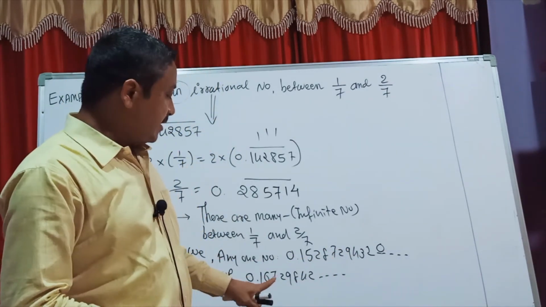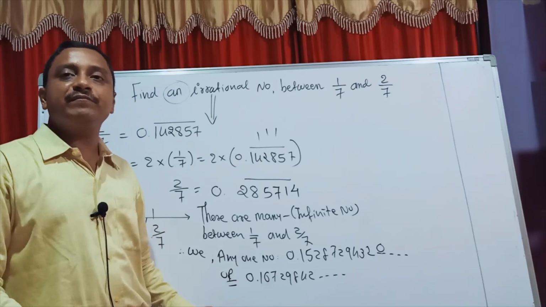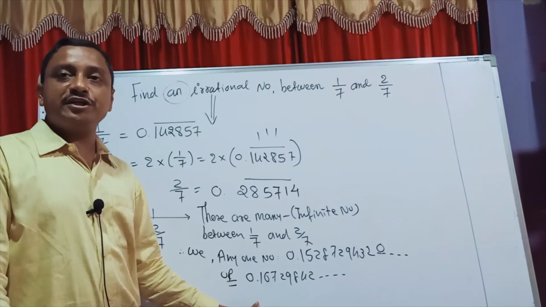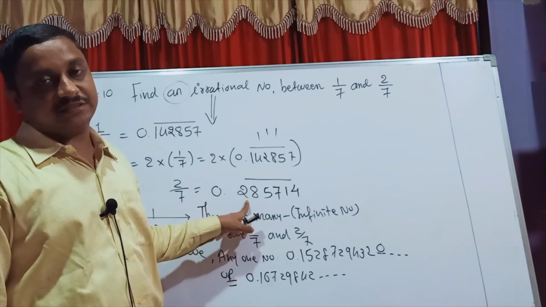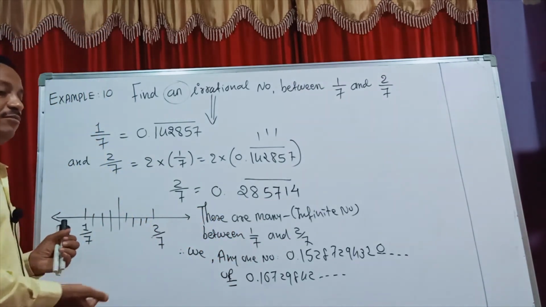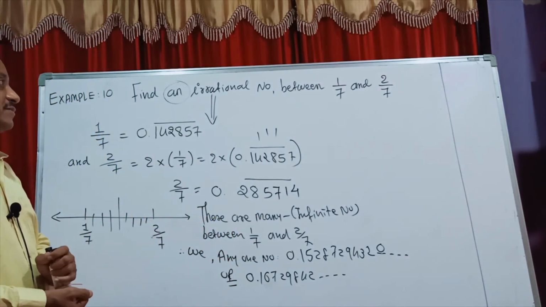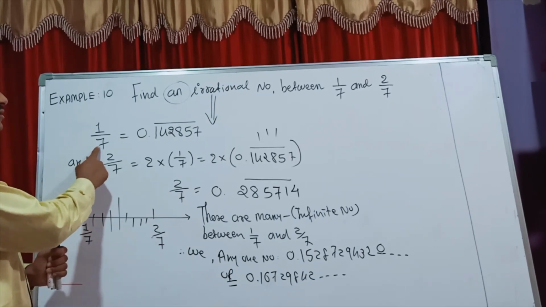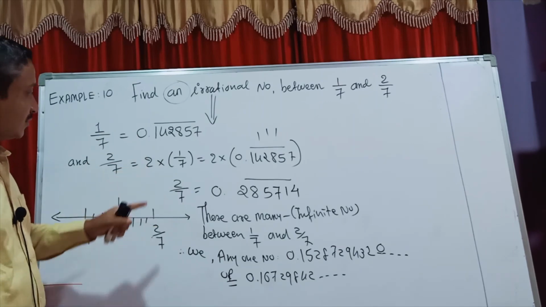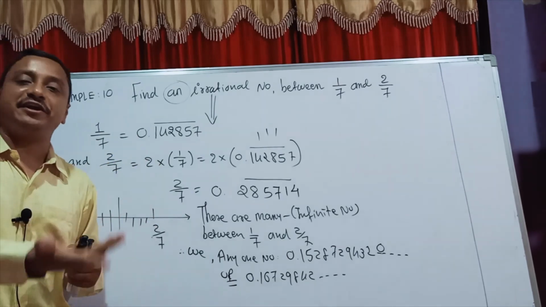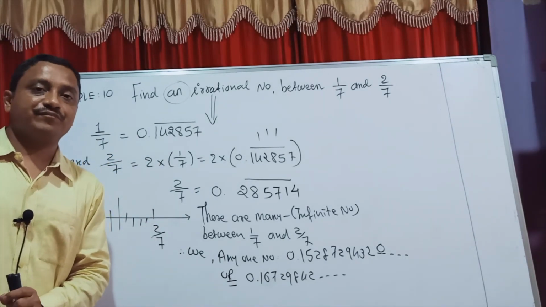I just write down any number. Same as also you write down 0.17, 0.18, correct? Before 0.28. So as you wish, any number you show, that is our final answer. And students, 1 by 7, 142857 bar already I explained in the example 5. That's why here I just direct written. Okay.